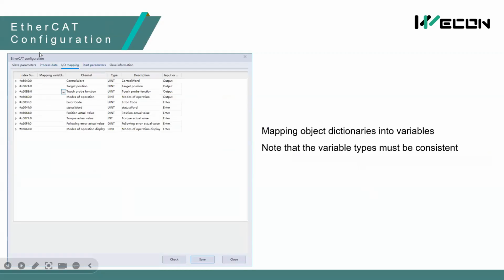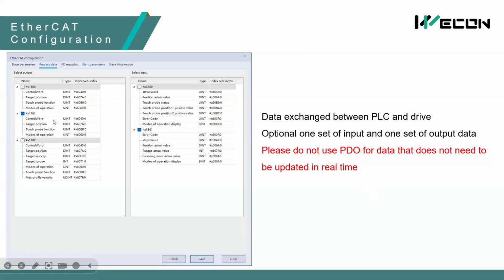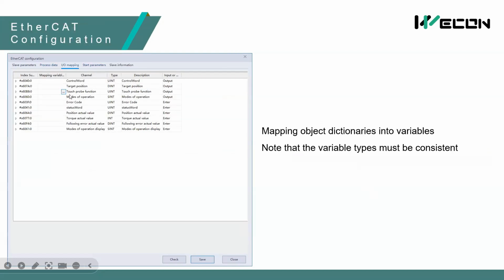And here, IO mapping. You can see we select from these two groups and get these variables. Here we can create variables in our project and bind them to this object dictionary.